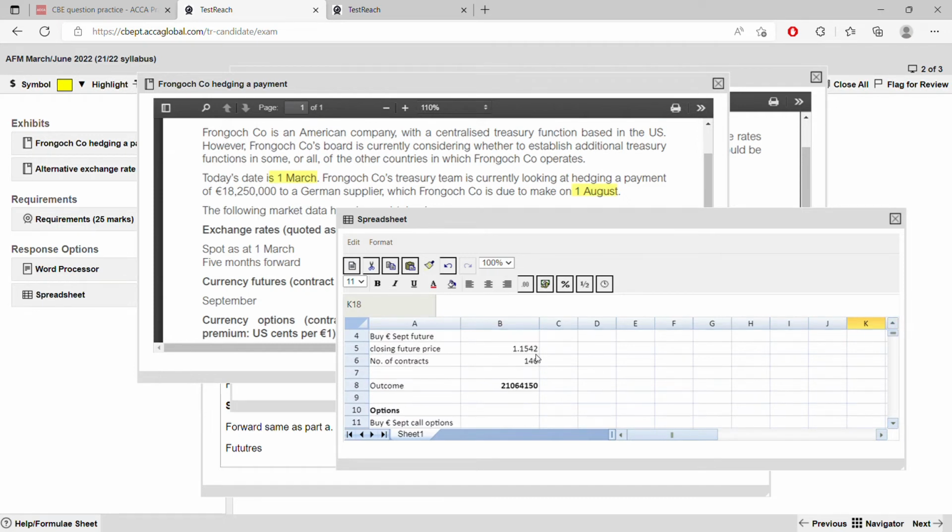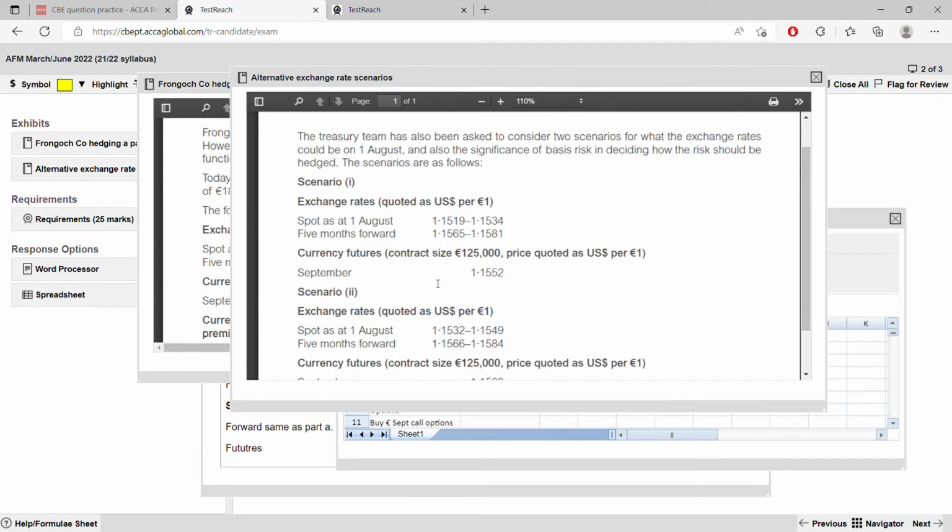Yes, it is compared with the closing future price. So that opening is compared with this closing future price, and here, because this spot is already at 1st August, that means closing future price only. So here this is compared with this. So if you see the difference, it is 18 basis points.